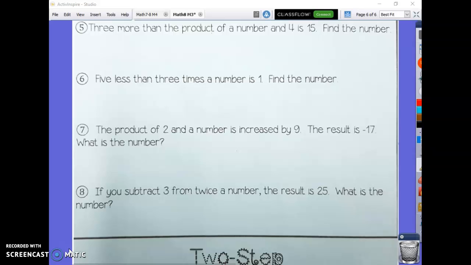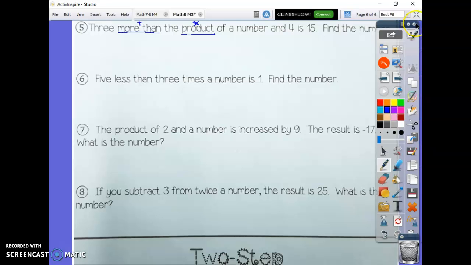If you look, it says 3 more than, which means addition, right? More than. The product means multiplication. It does help to underline and then write out what it actually means. So product means multiplication, so I'm going to draw that multiplication sign right above it.